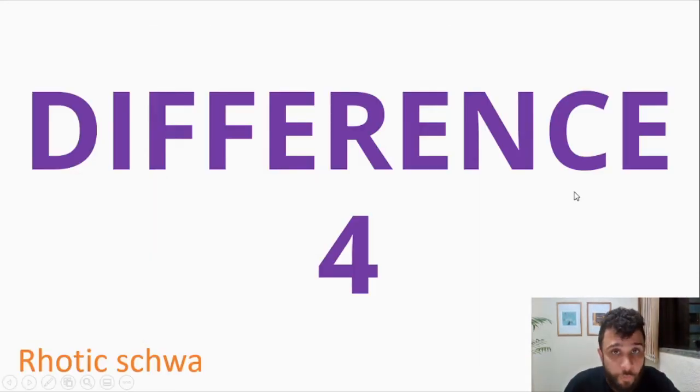Difference number 4, the rhotic schwa. I mean, the schwas. Okay, now if you don't remember what the schwa is, it is basically the most common sound in English, and many times it is referred to as the laziest sound we can produce.